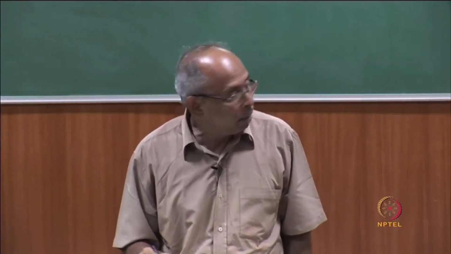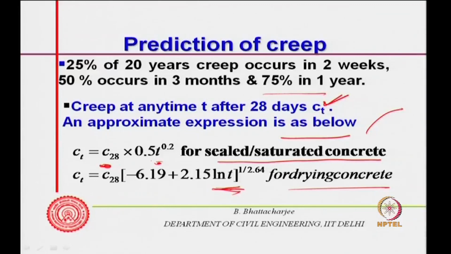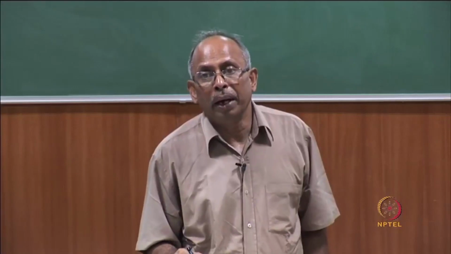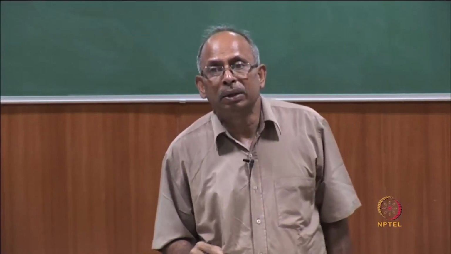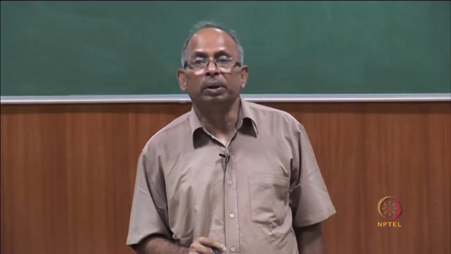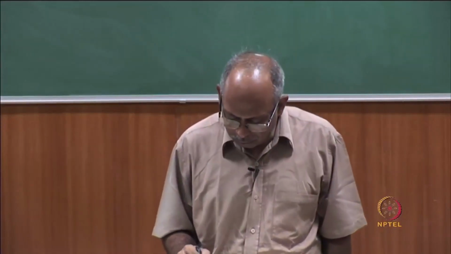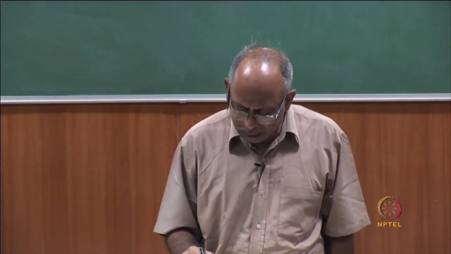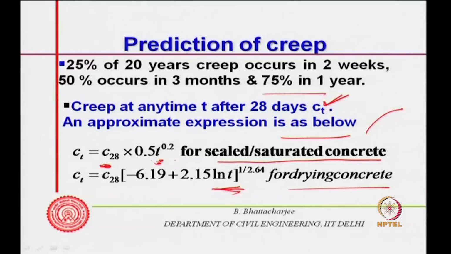It is asymptotic curve, and that is why it is like this. So, this is T to the power 0.2. If you differentiate this, you will get 0.2 T to the power 0.2 minus 1, and you can see that as T tends to infinity, it will tend to go to a constant value. So, basically one is asymptotic. So, the formulas are fitted in this manner.